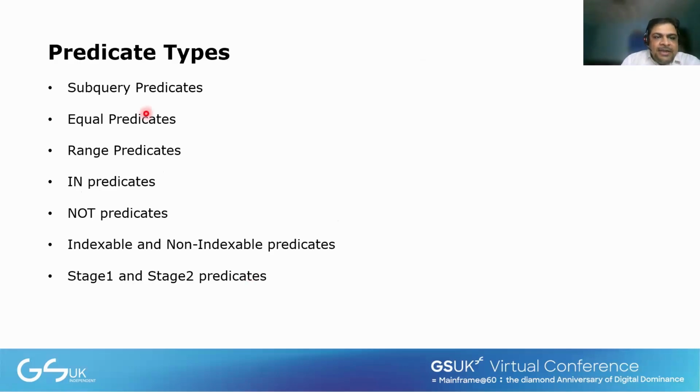So you have subqueries, equal predicate, range predicates, in predicate, not predicate. These are the main operators. The last two pointers are what type of all these predicates are. We will dig deeper into that. So whether a predicate is indexable or non-indexable, whether a predicate can be processed at stage 1 or stage 2. So that you need to determine, and all this information you can get from the plan table and other DSN tables.